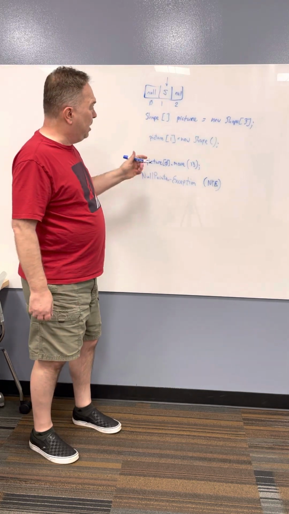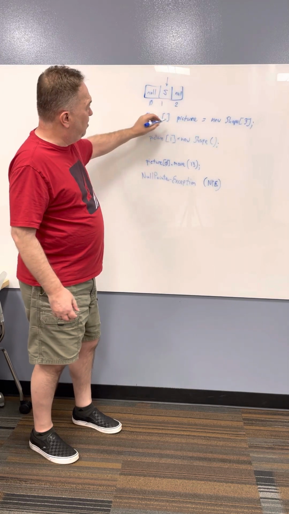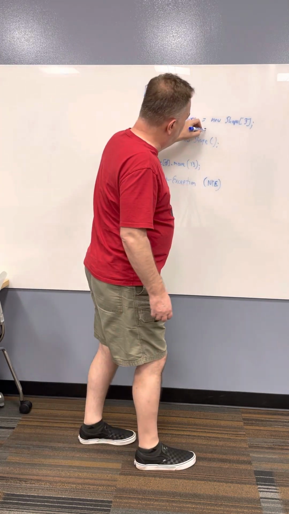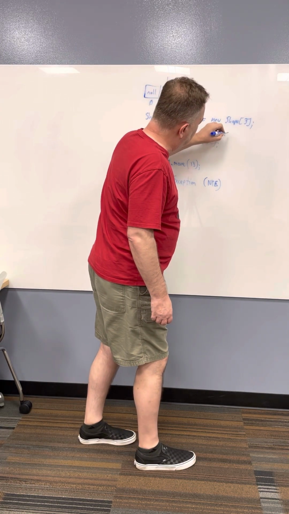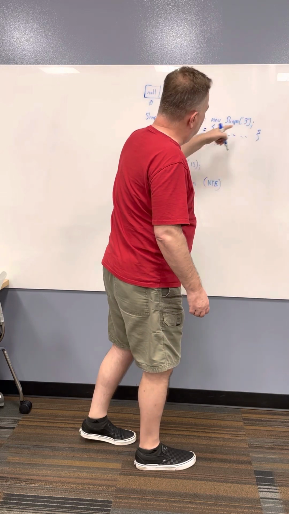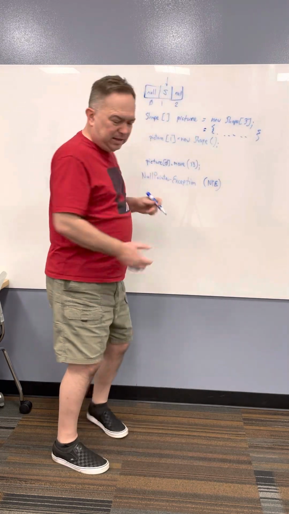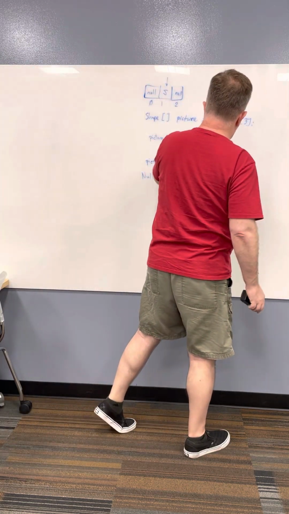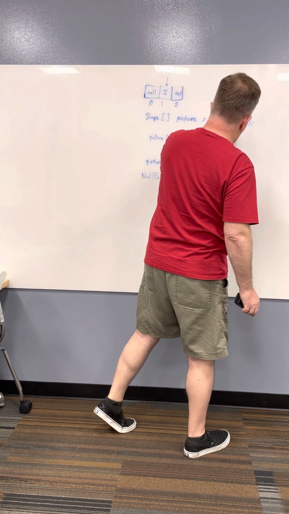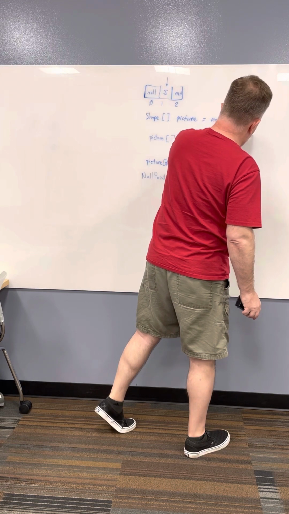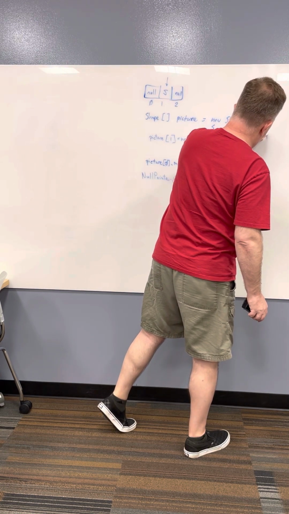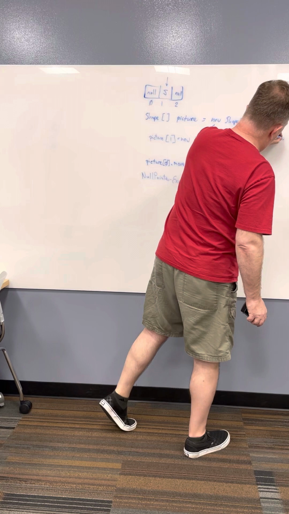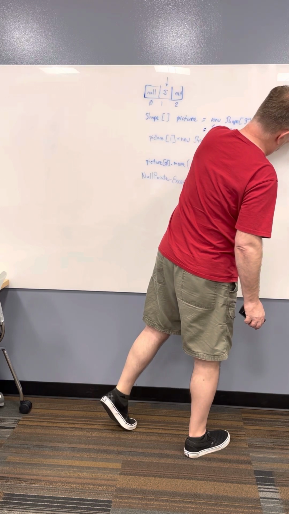Now if you use the other method where you say Shape array picture equals, and you have dot dot dot, well, let's not imagine, let's spell it out for you. New Shape, new Shape, new Shape.